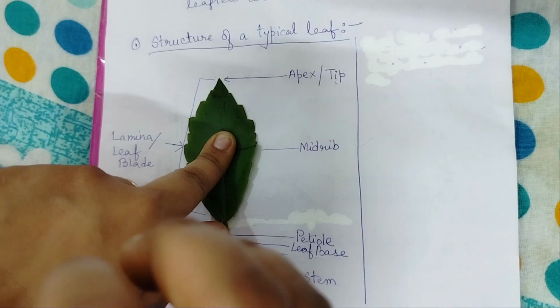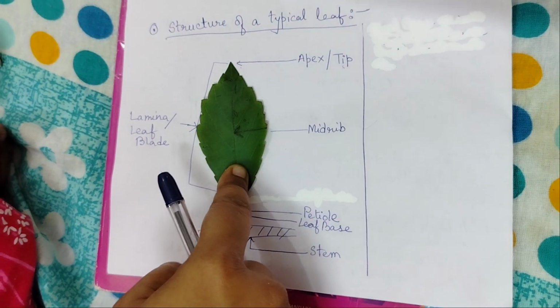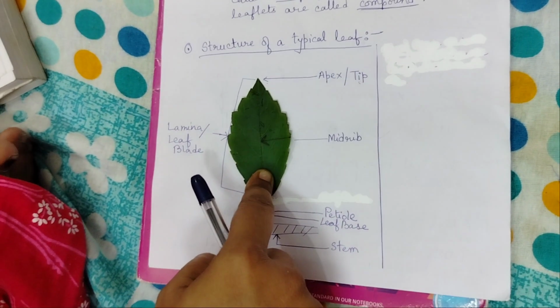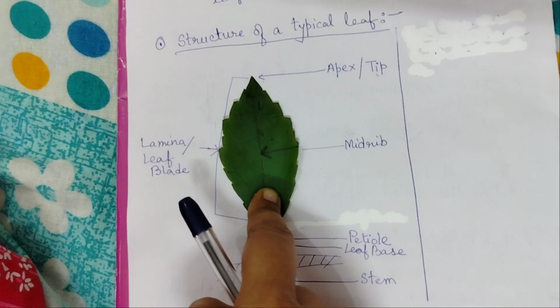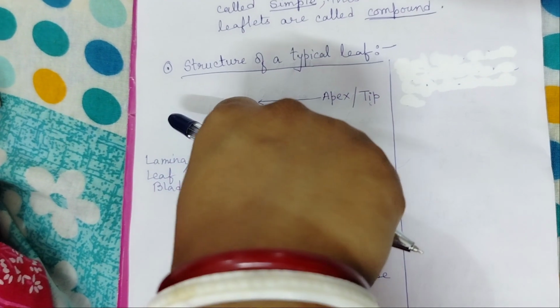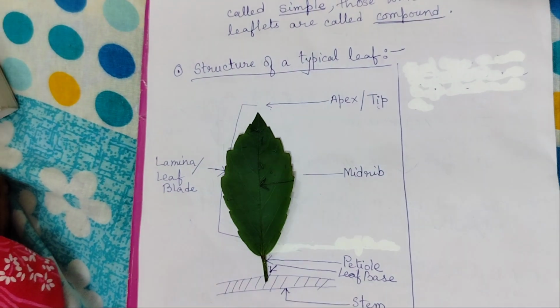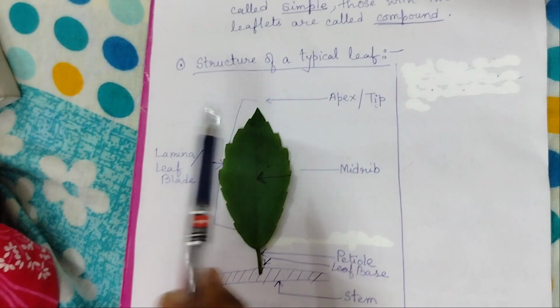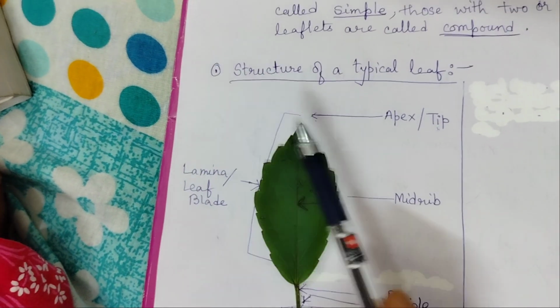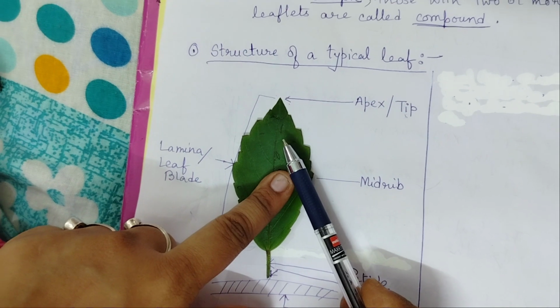So what is lamina? Come to lamina or leaf blade. What is lamina or leaf blade? It is thin, dorsiventrally flattened, expanded green terminal portion of the leaf. Lamina is always traversed by network of veins.